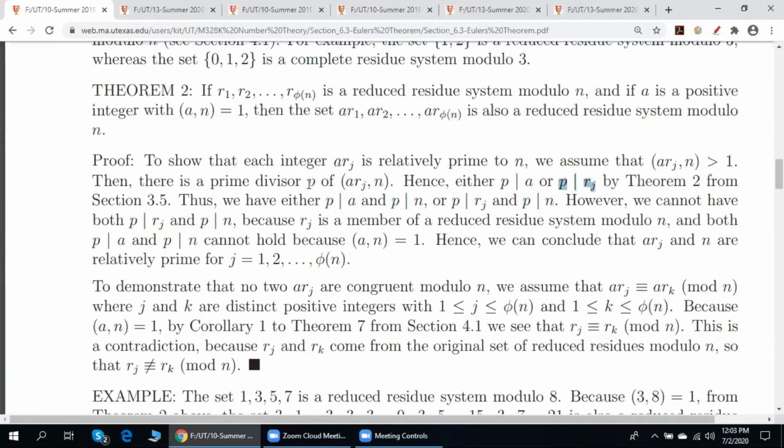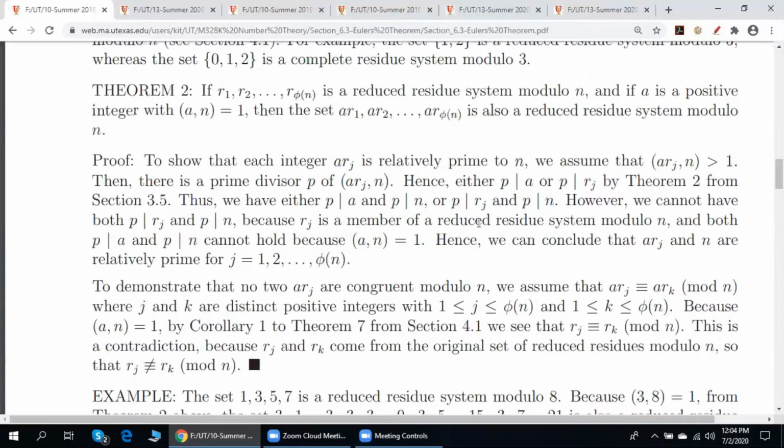Once again, p divides n in any case. But talking about this product, we have two possibilities. Either p divides a or p divides rj. So this is case 1, this is case 2.